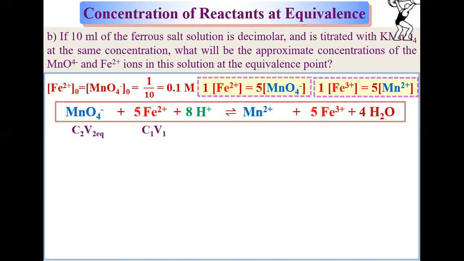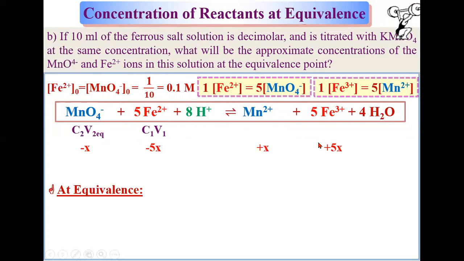We have here C2V2 at equivalence equals C1V1 for the iron. And if this is equivalence, it means that if I do minus x, minus 5x, x, and x, then at the equivalence point both of these species will tend to 0, right?